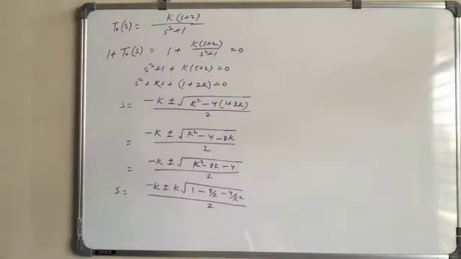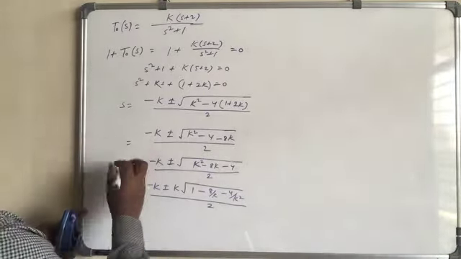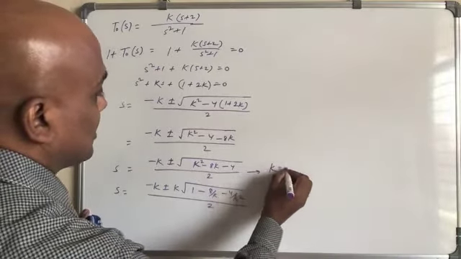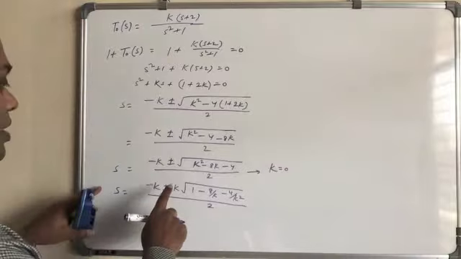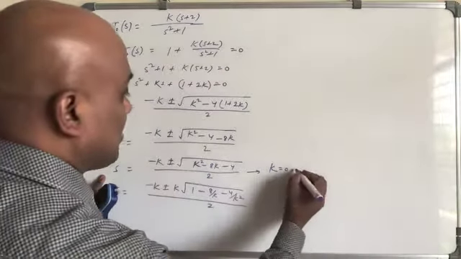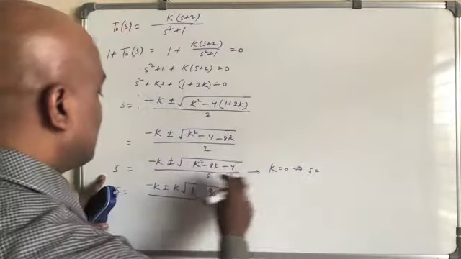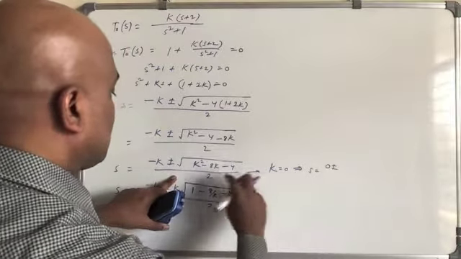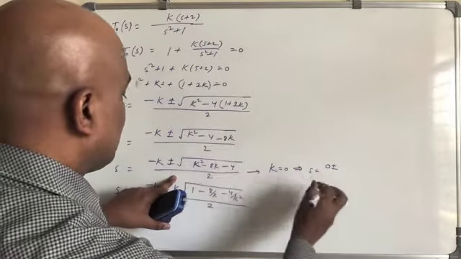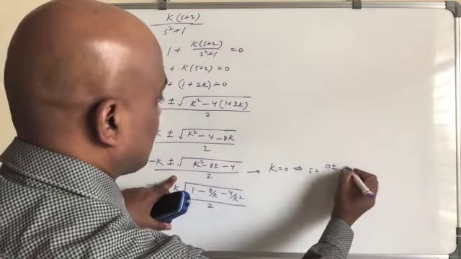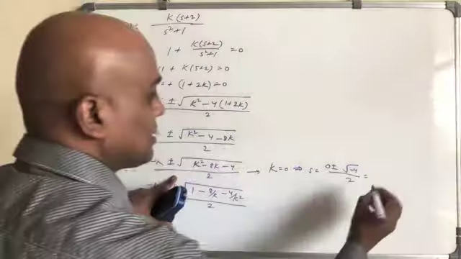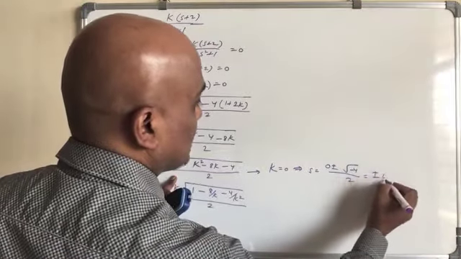Now we will use this when k equal to 0. So when k equal to 0, what do we get? We get s equal to 0 plus minus root of minus 4 over 2, and we get plus minus i simply.